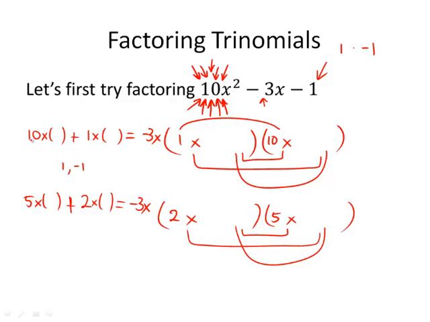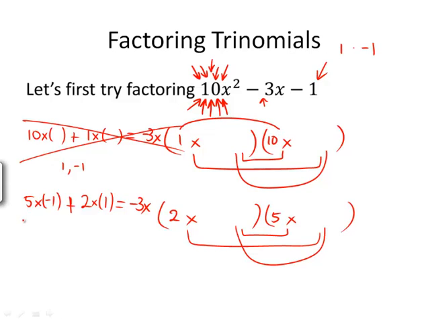Can we do 10 minus 1 or 1 minus 10 to give us negative 3? No, so this one doesn't work. Can we go 5 minus 2 or 2 minus 5 to get negative 3? Yes, we can: 2 minus 5, so positive 2 multiplied by 1, and minus 1 times 5.